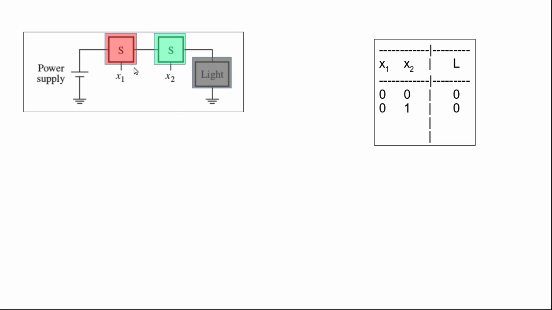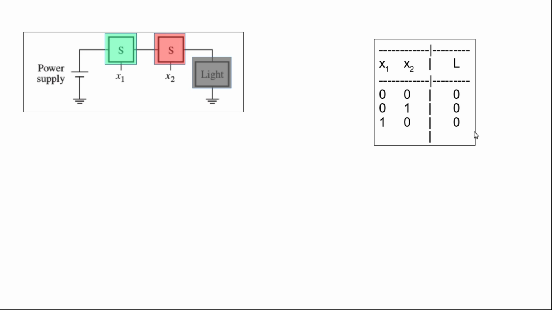This situation where x1 is off will be represented by x1 equal to 0, x2 is on, which will be represented by x2 equal to 1, and in this case the light is off, so L will be equal to 0. Now if we turn on switch x1 but turn off switch x2, then also this path is broken at this switch, and hence there will be no flow of current, and again the light will be off. Thus we can say that when x1 is 1 and x2 is 0, light L will be 0, it will be off.